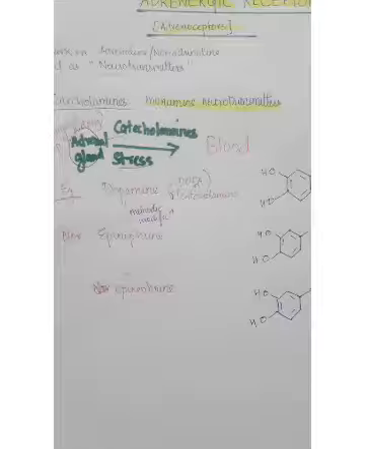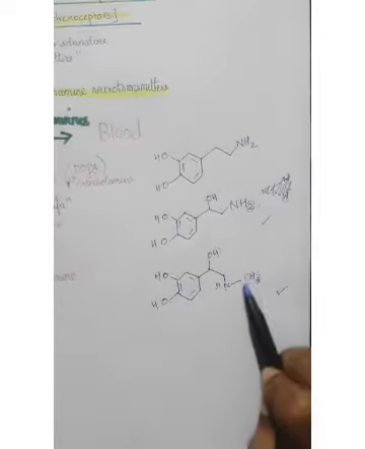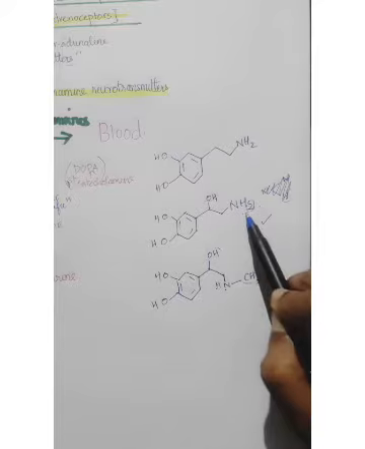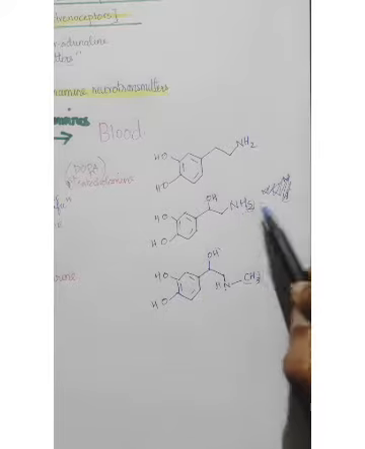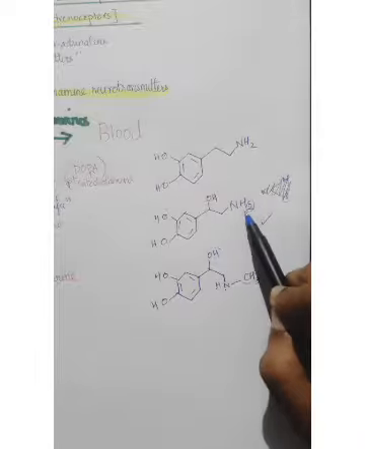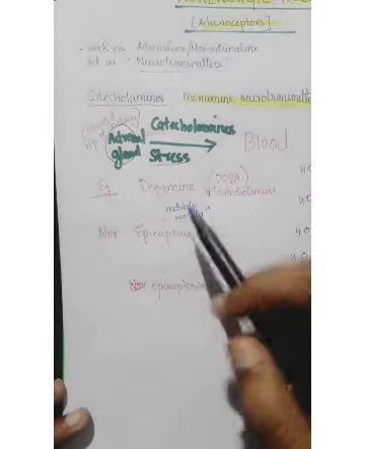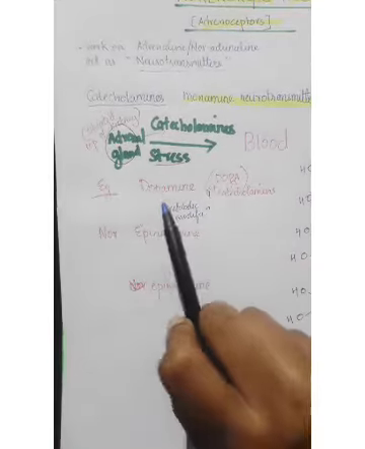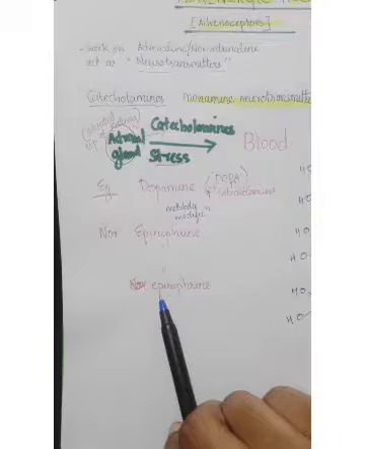I think you got the structures. So here the methyl group is attached to the nitrogen, and in norepinephrine the methyl group is replaced by a hydrogen. So those were the examples of catecholamines: dopamine, norepinephrine and epinephrine.